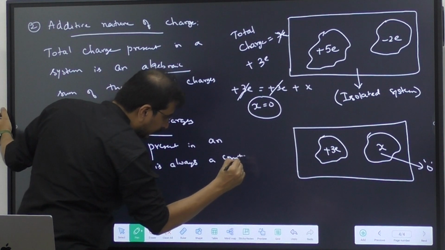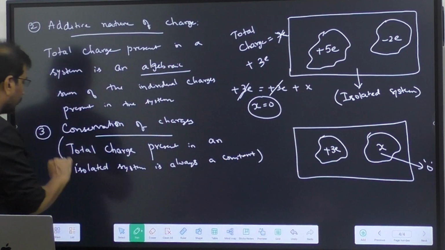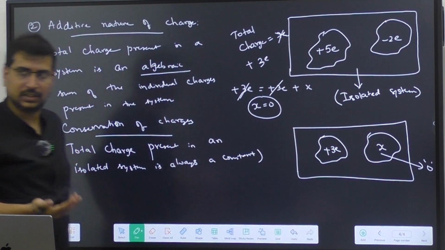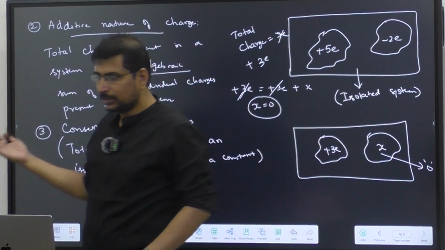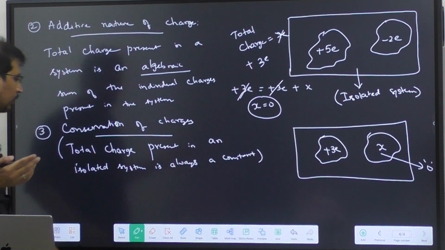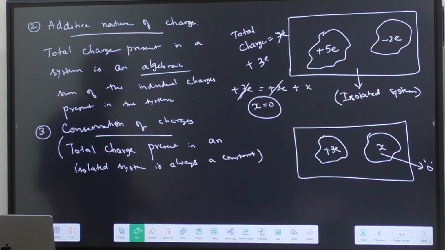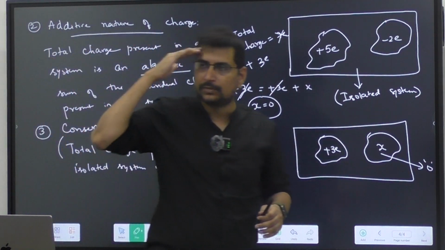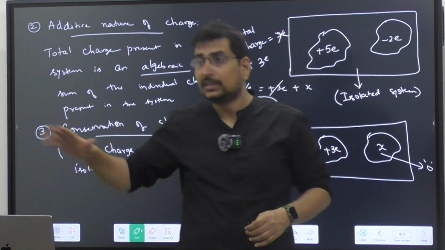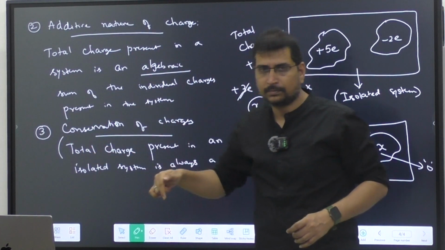See, some books refer to it like this also. Charge can neither be created nor be destroyed, but it can be transferred from one particle to another, but that's not the way we define it here. So we say that total charge present in an isolated system is always a constant because we have an application perspective of this. So what I'm trying to tell you is, wherever you see an isolated system, the first thing that should come to your mind is charges are conserved in that system.